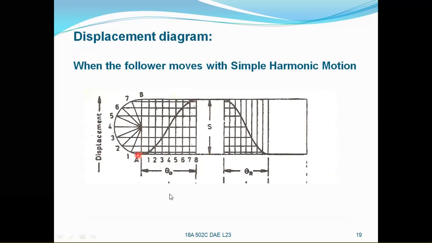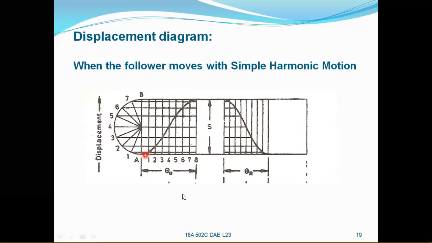Similarly here also, 1 dash and 2 dash, that is P1 dash, P2 dash and 3 dash meeting at one point, that is P3 dash, P4 dash, P5 dash, P6 dash, P7 dash and finally P8 dash.